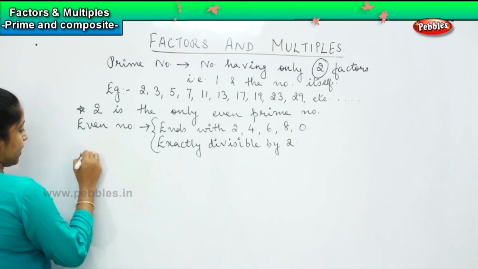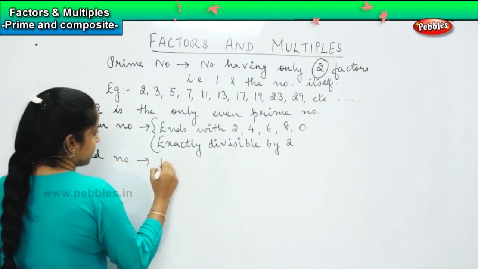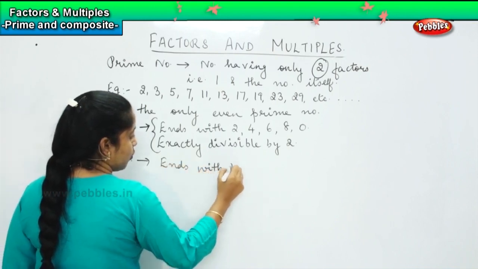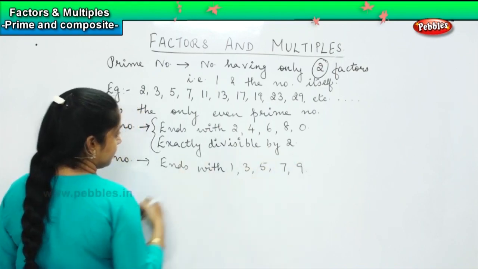Okay, and what do you call it as odd numbers? That is numbers ending with 1, 3, 5, 7 and 9.